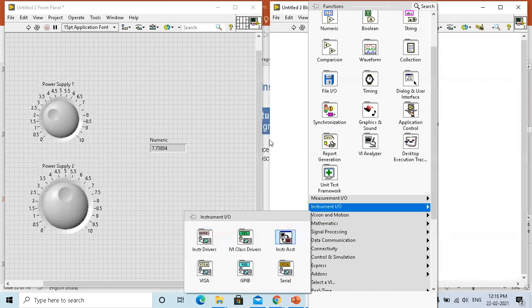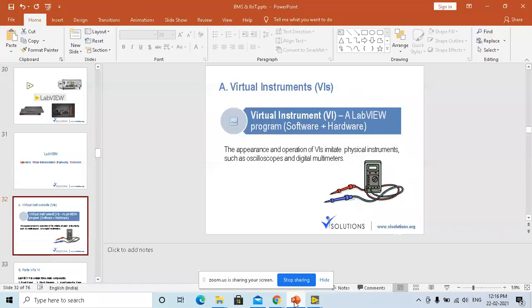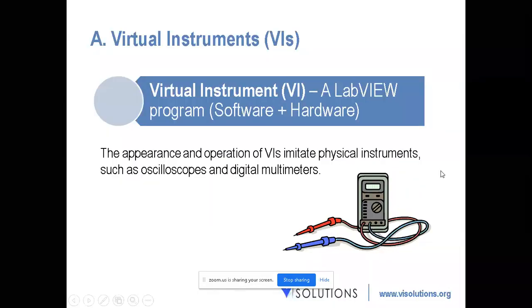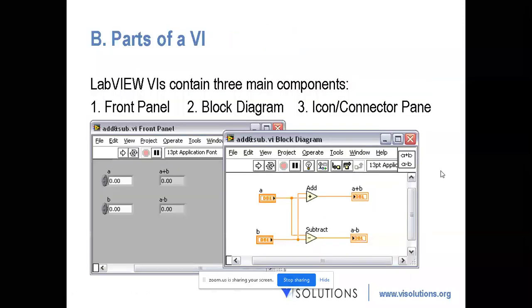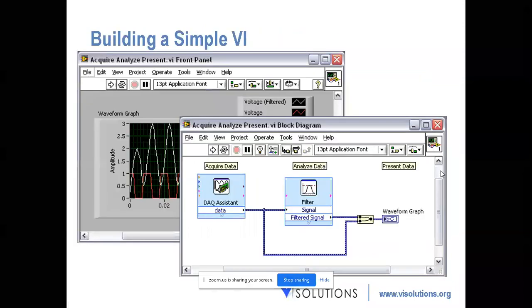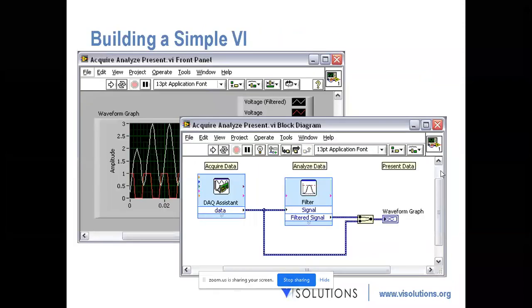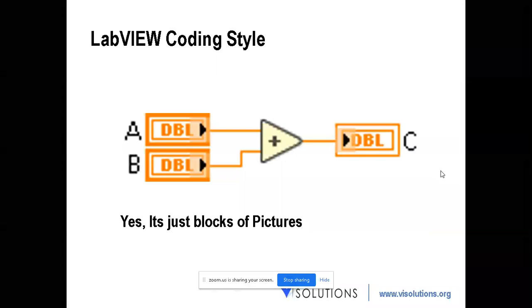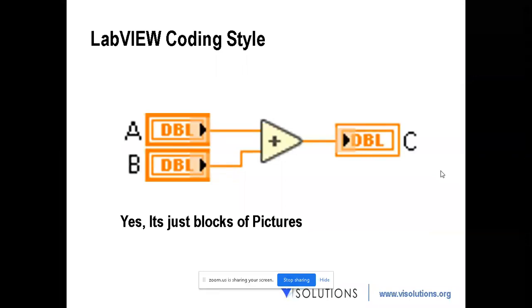And third party also, we'll talk more about that in the upcoming slides. So we already built a simple VI. And basically the type of coding which we do using LabVIEW is just a block of pictures put together.